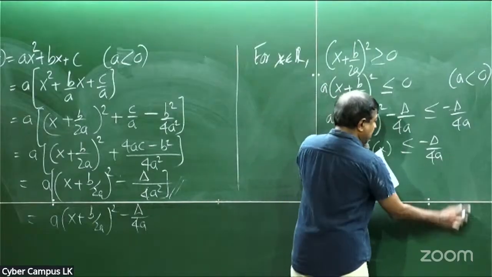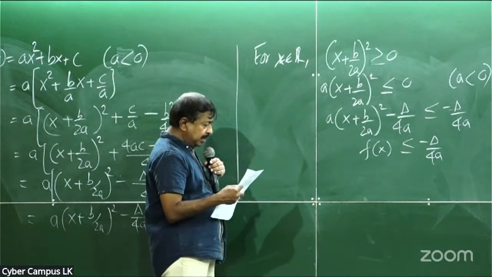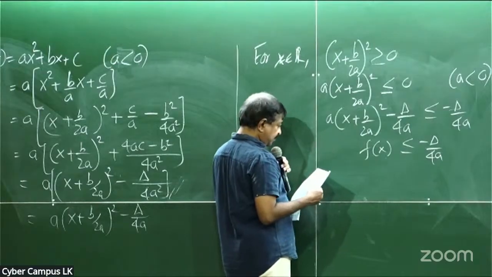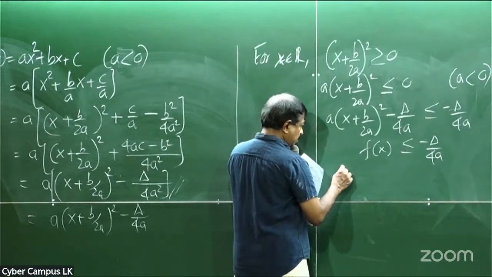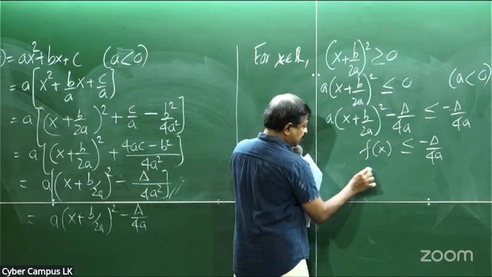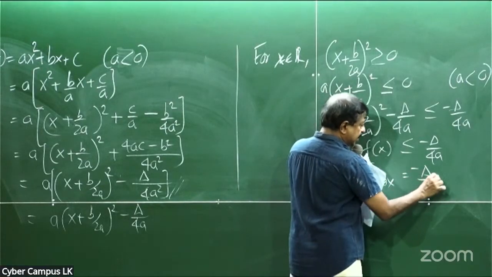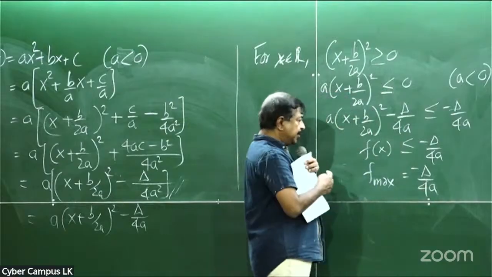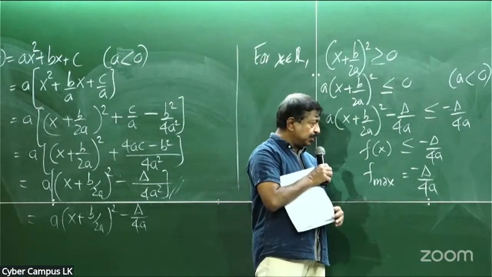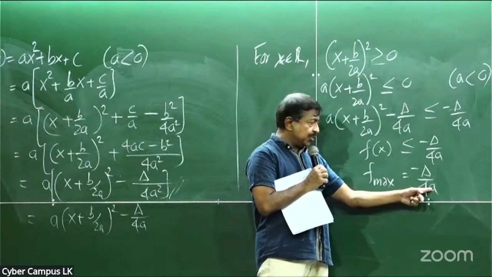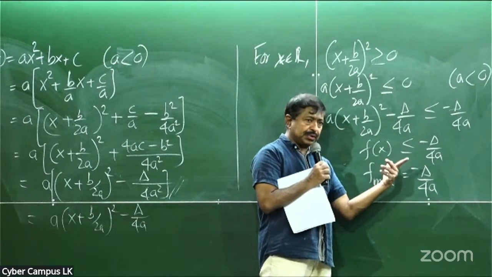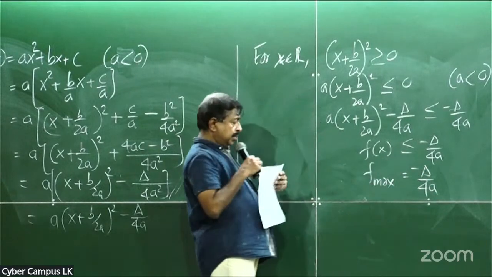Therefore, if you have this inequality, what you can claim is that I write f max. The maximum value of f(x) is minus delta over 4a. It doesn't mean that f max is negative just because a is negative. If delta is positive, this number is positive.